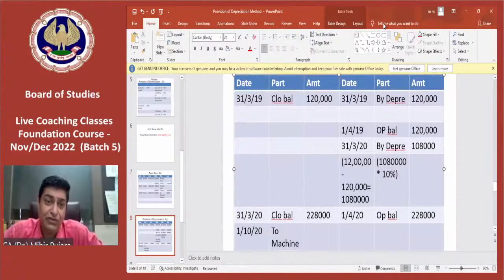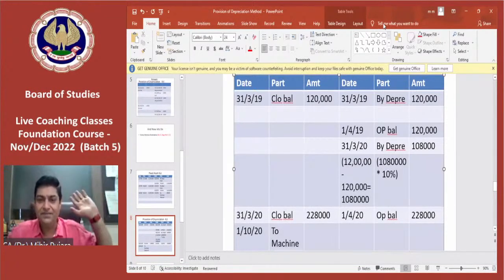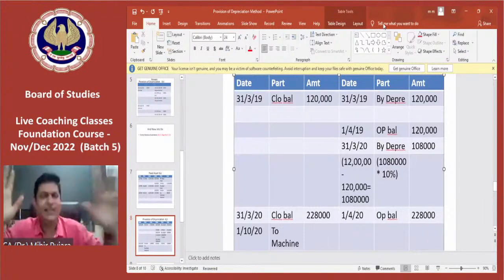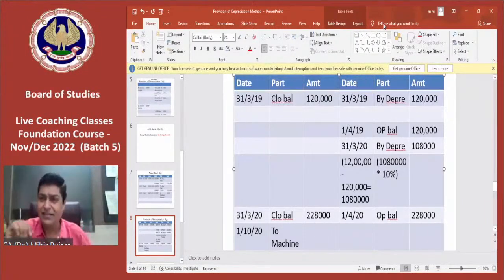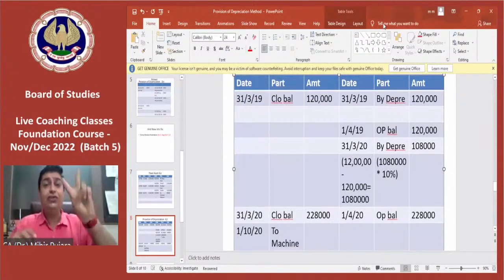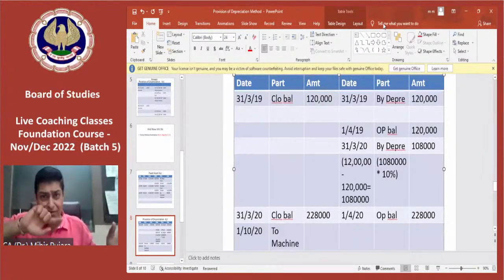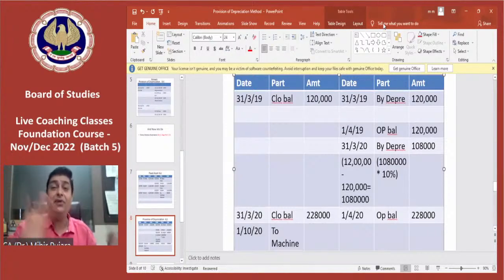Now we are switching over to the interesting point of sale of asset. When we are selling the asset, listen carefully, friend, two effects will be there. First, sale of asset will be reversed in the asset account as well as reversed in the provision for depreciation account.